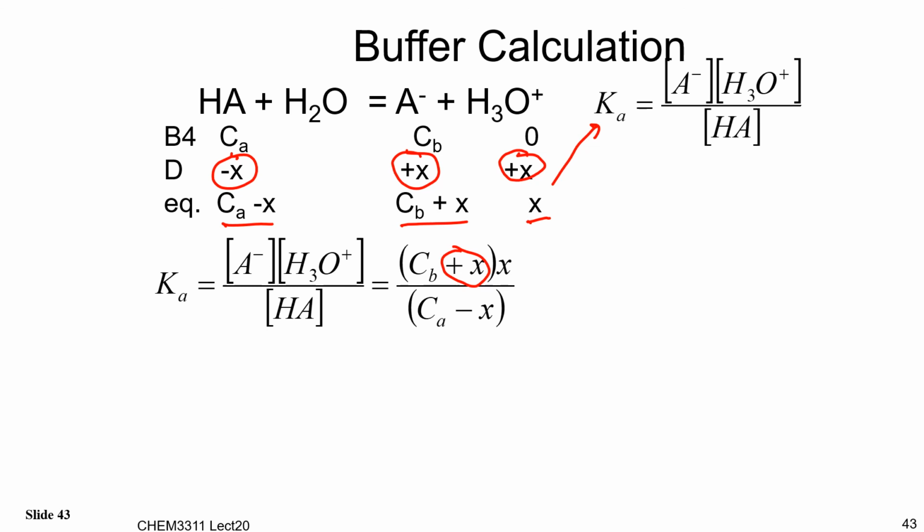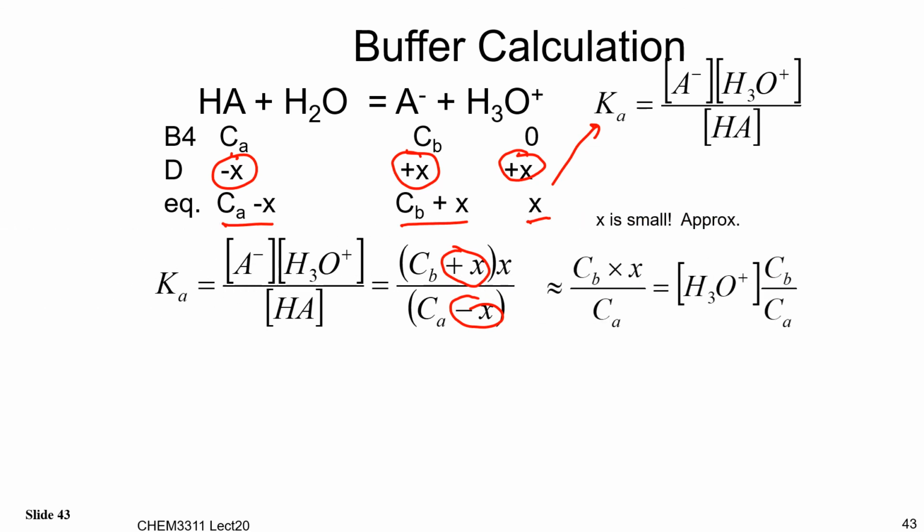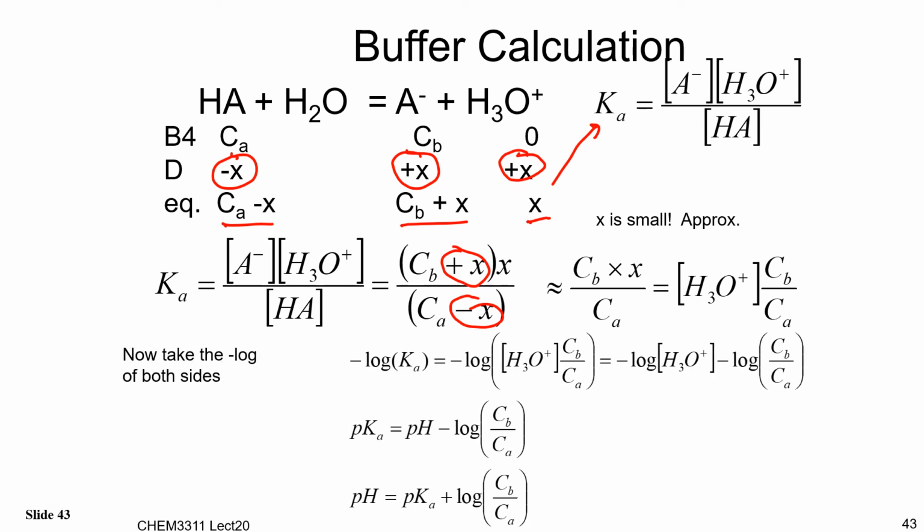X is going to be smaller, so both of these can be ignored, and the only X we get is the one that corresponds to the hydronium ion concentration. We take the negative log of both sides. We bring the log of Cb over Ca across to the opposite side. When we do that, it changes sign, and we end up with the pH of the solution equal to the pKa plus the log of Cb over Ca, better known as the Henderson-Hasselbalch equation. That's our buffer equation. So now we know how to calculate the pH of buffers.